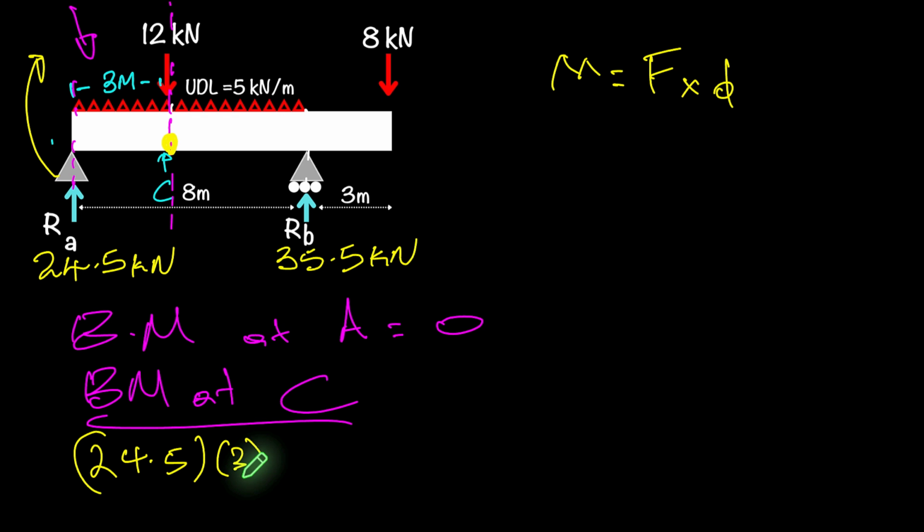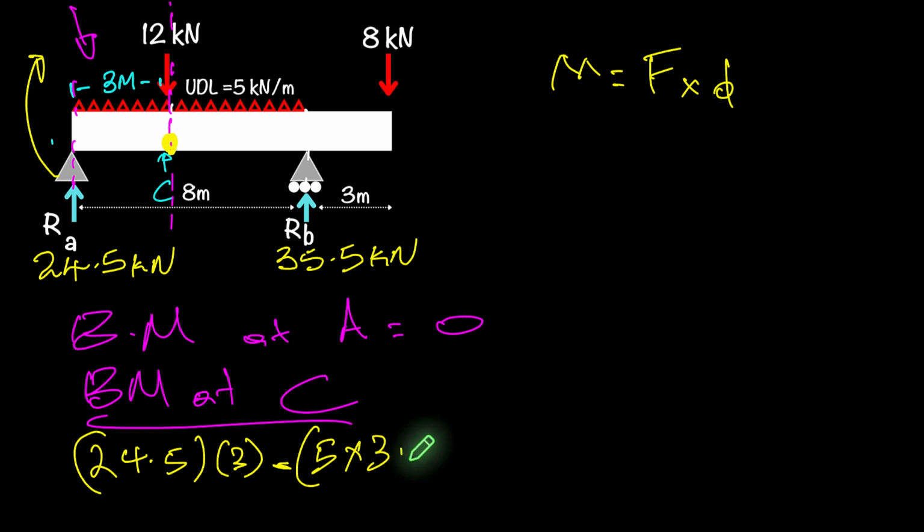But then what's going counter to that is my UDL. So I'll have to subtract now. This is for my UDL. So for the UDL, it's going to be 5 kilonewtons per meter multiplied by half the length. So I'll be doing 5 multiplied by 3. So that's the UDL now converted as a point load.